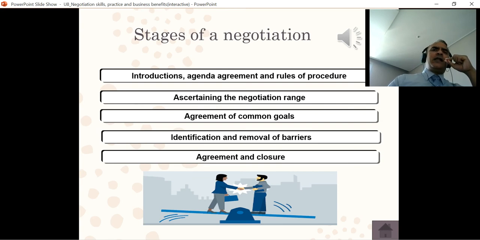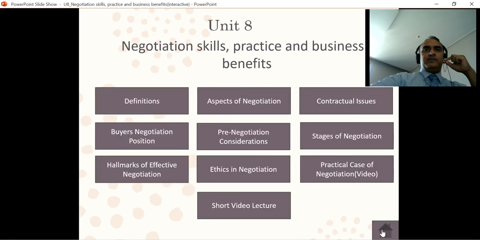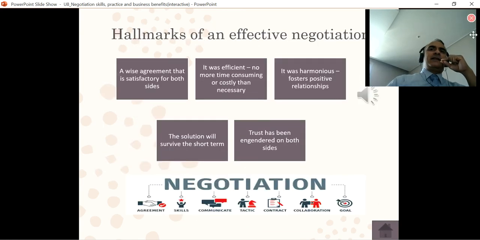And then we go lastly to the agreement and closure, which is, okay, I agree to those terms to negotiate, to supply in X amount of months under this price. I'm going to give you some money in advance. We agree to that, and that works very well. So now we have hallmarks of effective negotiation.